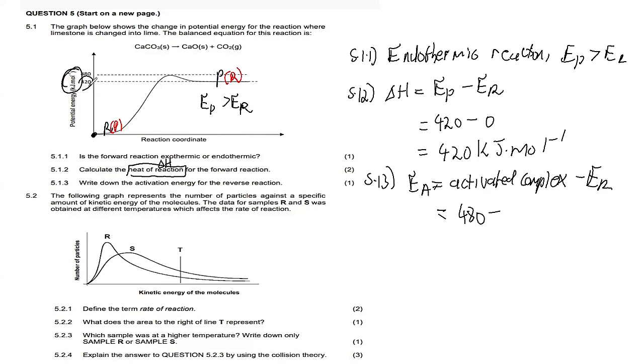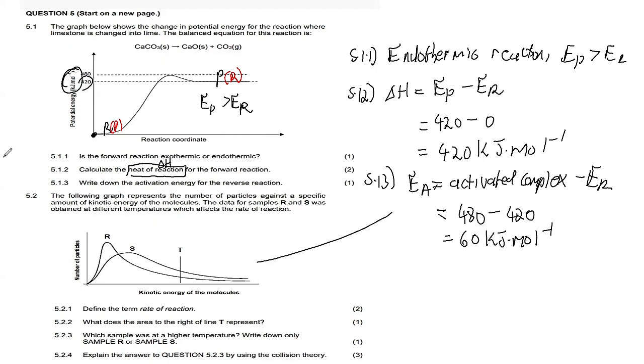Then we say 480 minus the energy of the reactants, which now will be 420 instead of the 0. So now we have 480 minus 420. That is going to give us 60 kilojoules per mole. And just like that, we have our activation energy for the reverse reaction.